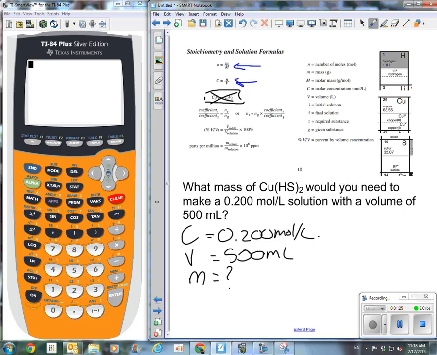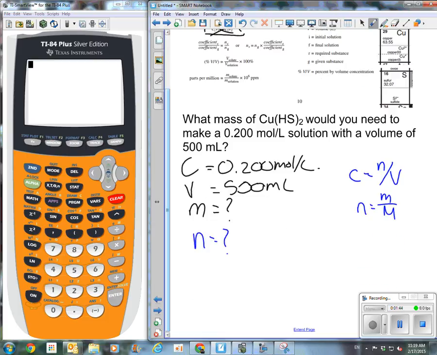I'm going to use the formula C equals n over V in order to figure out n, and then I'm going to use n equals m over M in order to figure out my mass. So I need to figure out the molar mass of CuHS2. I'm going to do that first.